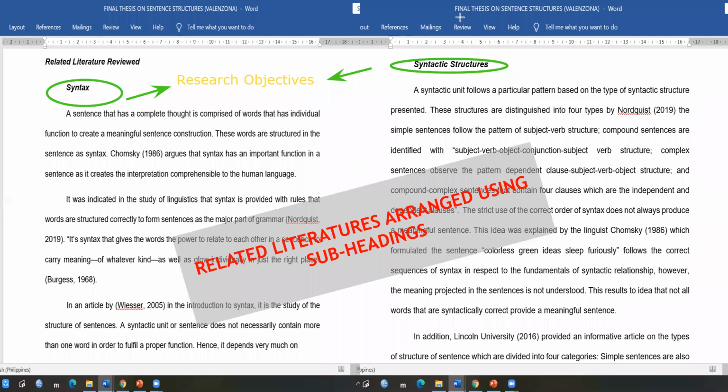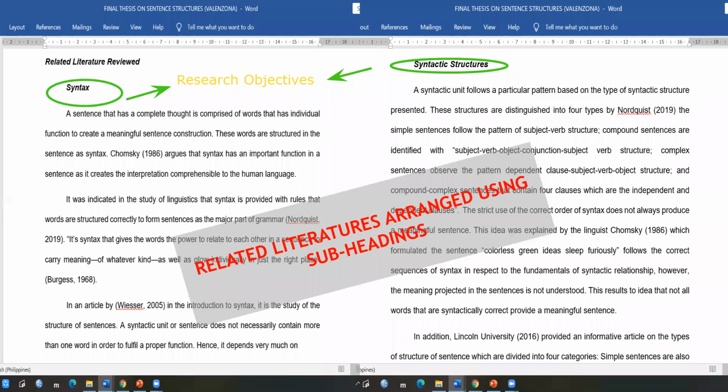So how should you write your chapter 2? By the way, to recall, can you still remember the 3 things that you need to remember in constructing your literature?